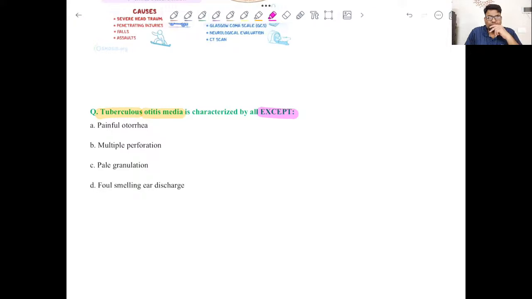Which of the following is not a feature of tubercular otitis media? I think it's not that tough. Yes, you can try answering. Moreover, there is no punishment for a wrong answer, so please feel free to answer it.